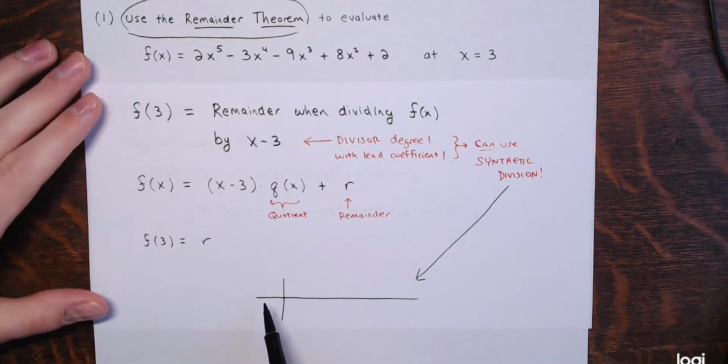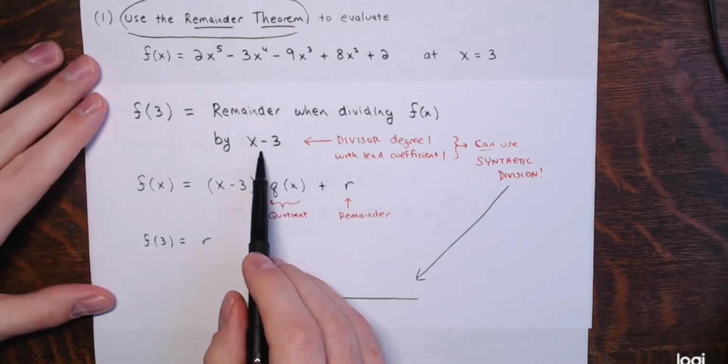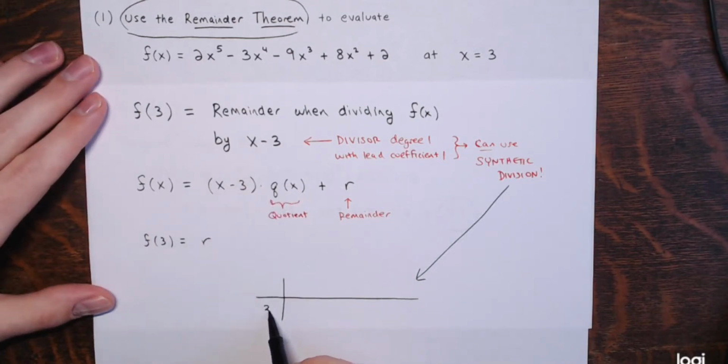Now I'm dividing by x minus 3. The value of k was 3 then here. So I put 3 in the lower left, and then the coefficients of the polynomial we're dividing into up top, in descending order, without skipping any powers. So if there are any missing powers, I put a 0 for that.